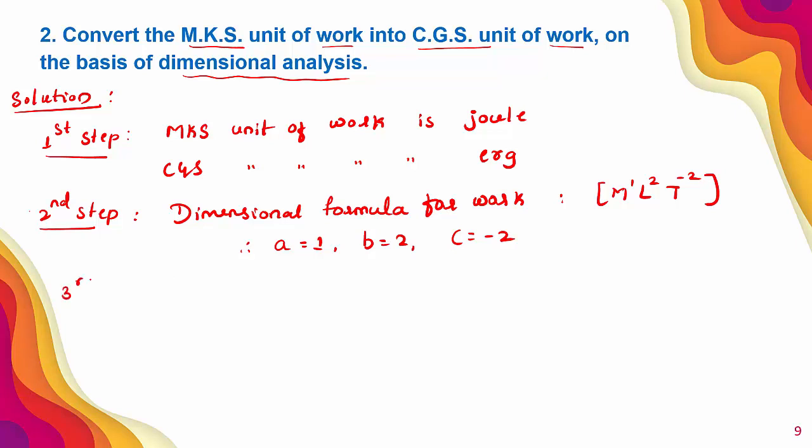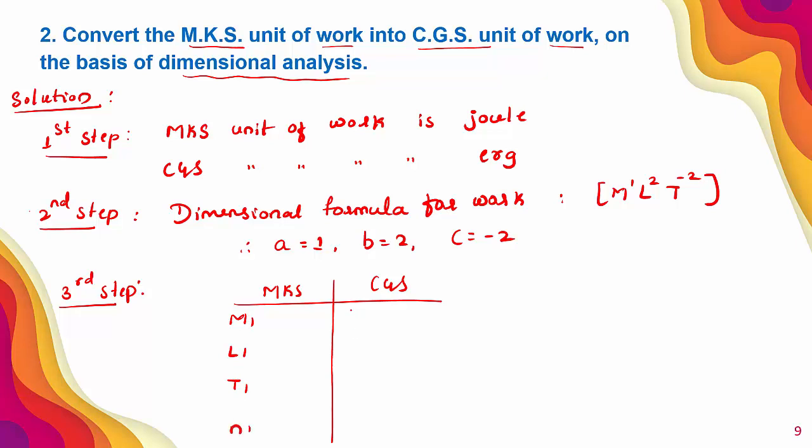Then the third step. We have to write the MKS and CGS units. So let us make two columns, MKS and CGS. M1, L1, T1, N1, and here in CGS, M2, L2, T2, N2.